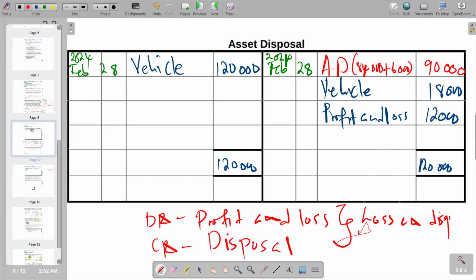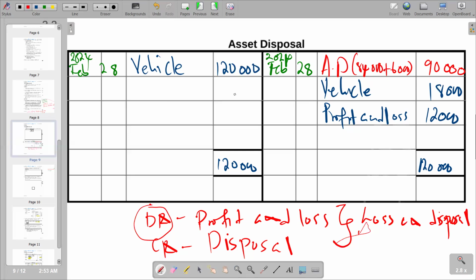The opposite gives you profit on disposal. By debiting profit and loss, we know that all expenses go to the debit side of profit and loss, so it will be an expense in the form of loss on disposal. If it was a profit, we would credit profit and loss and debit disposal. If this balancing figure was on the debit side, it would be a profit on disposal. So this one is a loss on disposal.